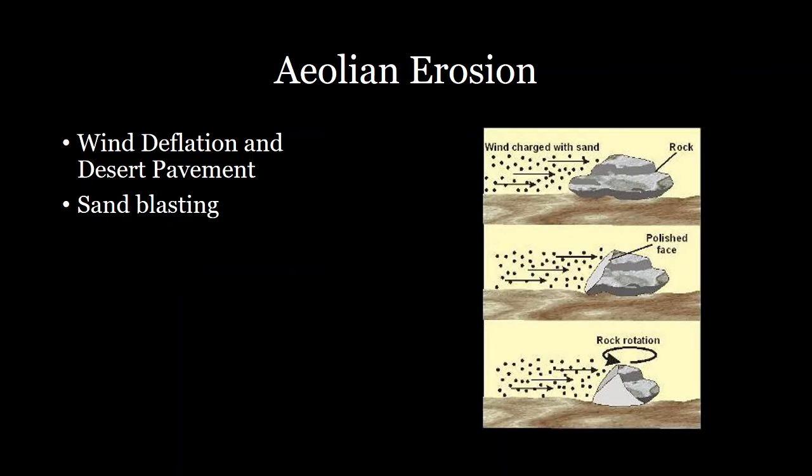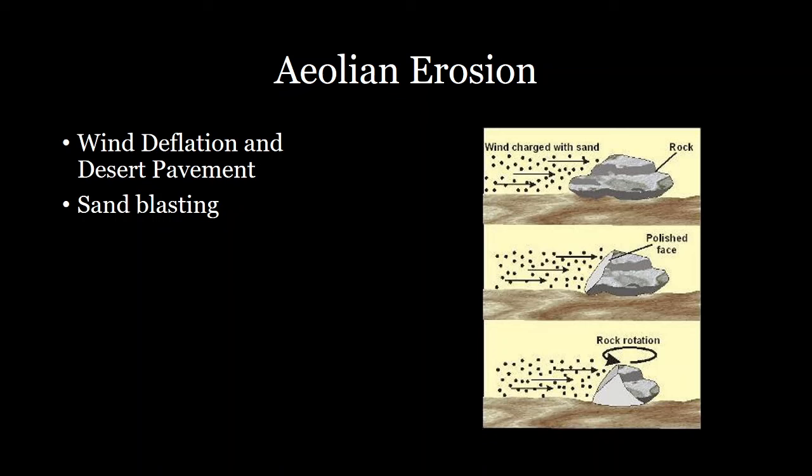Additionally, wind can cause sandblasting. The wind can pick up a significant amount of sand as it blows, and that sand can blow against a rock and act as an abrasive and erode away that rock and cause a polished surface.